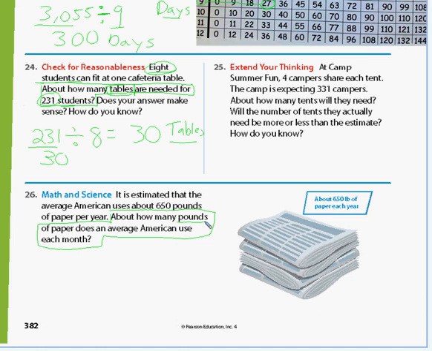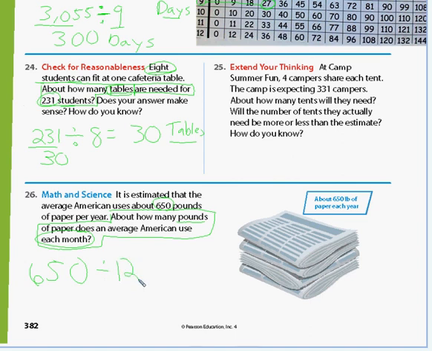We need to know 650 pounds, and the other number that we're going to use is each month. Okay, so we know that there's 12 months in a year, so our problem is going to be 650 divided by 12.